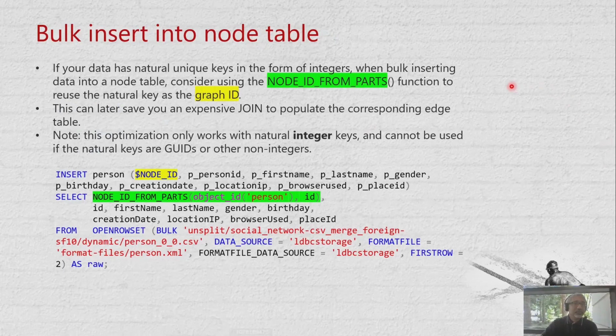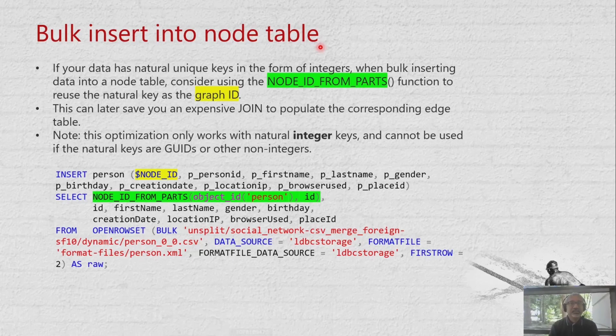The other things that I wanted to share with you are around bulk insert. Bulk insert into node tables. One of the key things I already mentioned in the indexing best practices section was to try to disable those unique constraints or unique keys which were created on the graph table. Like for example, the unique key created on $node_ID or the unique key created on $edge_ID in the case of an edge table.